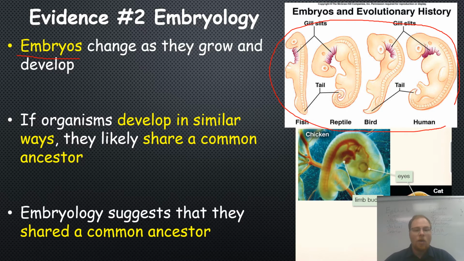And if you see, they all develop in similar ways, and they have a tail and some kind of gill slits. In this example right here, a chicken and a cat both have eyes early on, and they both have these little limb buds. This suggests that they share a common ancestor that likely had a tail and gill slits.